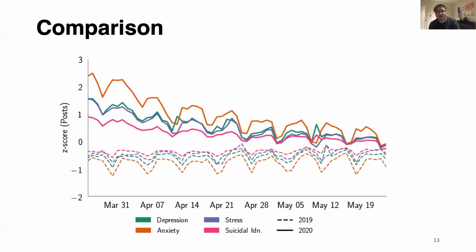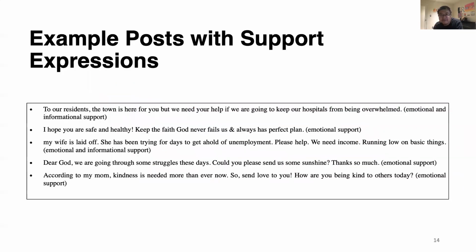And this figure shows, as a comparison, the change in symptomatic mental health expressions for the same period within the treatment and control groups. If you remember, the treatment is 2020 and the control is 2019. And the authors find that the treatment and control data sets showed a significant difference in people's symptomatic expressions, among which anxiety shows the most significant increase, followed by suicidal ideation, depression, and stress.